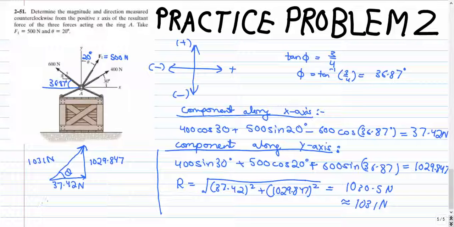Applying the trigonometric identity of tan theta, we get tan theta equals 1029.847 divided by 37.42, and we get theta equals 87.9 degrees.